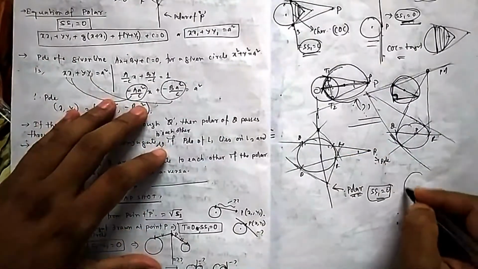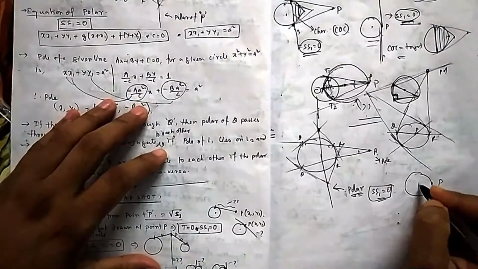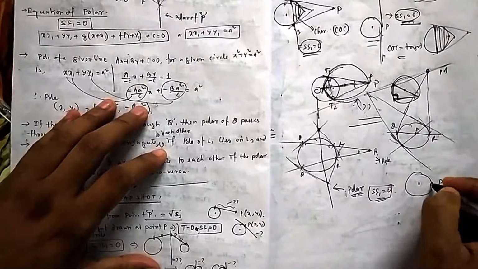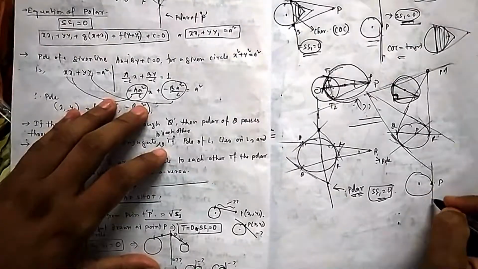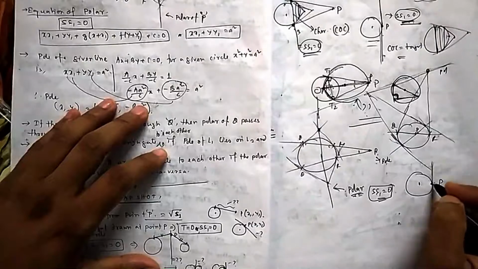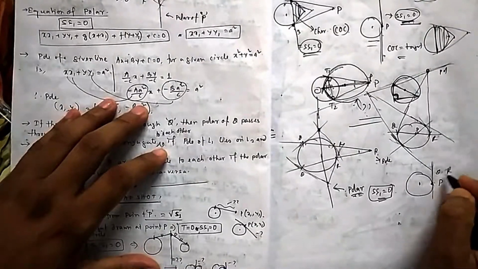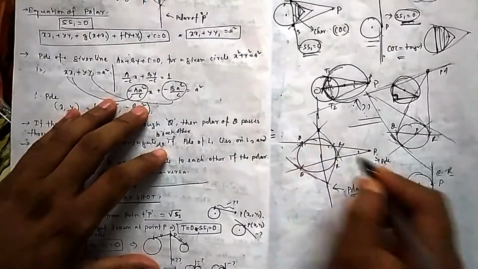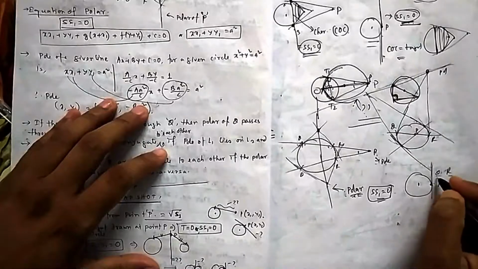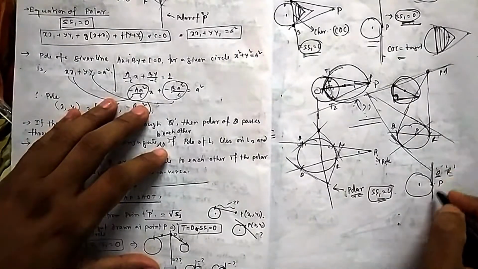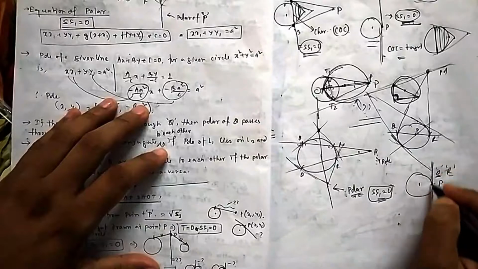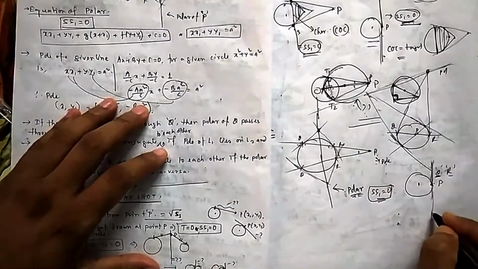Again, a beautiful thing: if P comes on the boundary, then what will happen? Then the line will intersect the circle at only this point. This is Q, this is R. At this point, if you draw a tangent, this is the only tangent one can draw. This is Q only, this is R only, the same point. Earlier 2 different points intersected, here only 1 point, so the same point is named as Q and as R. You draw a tangent at Q, you draw a tangent at R, and both these tangents intersect on this line itself.